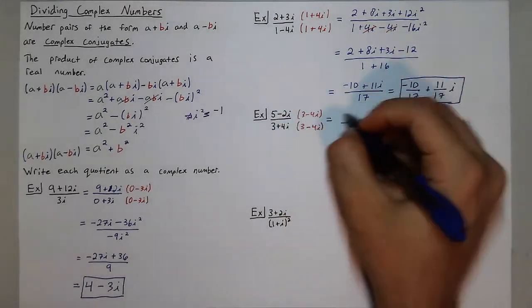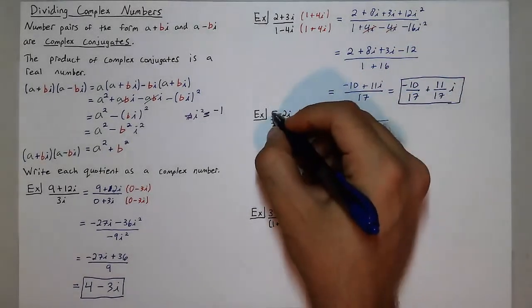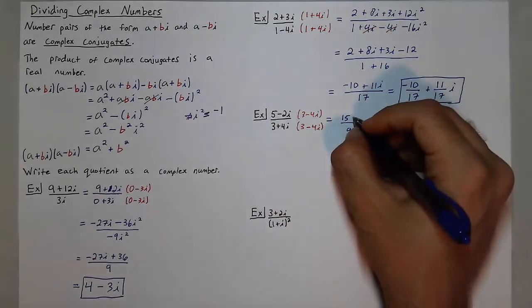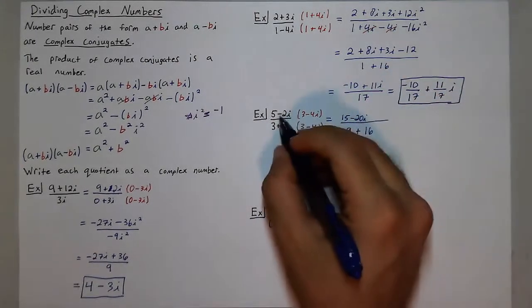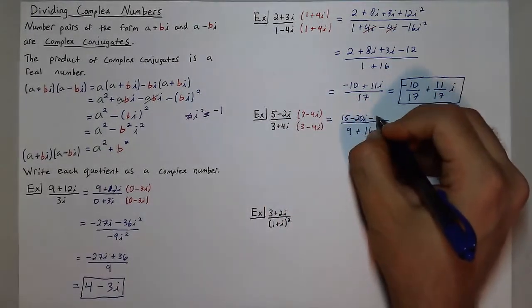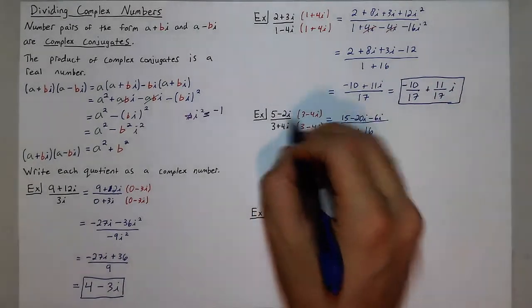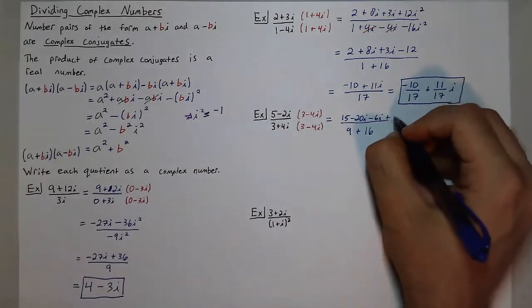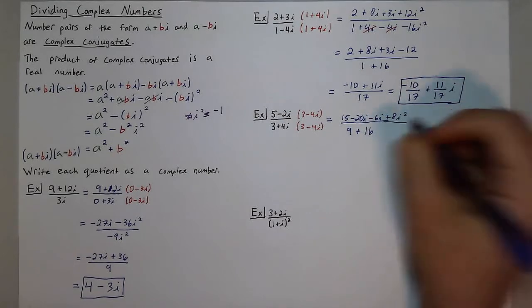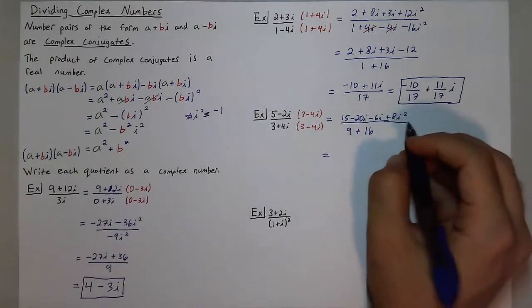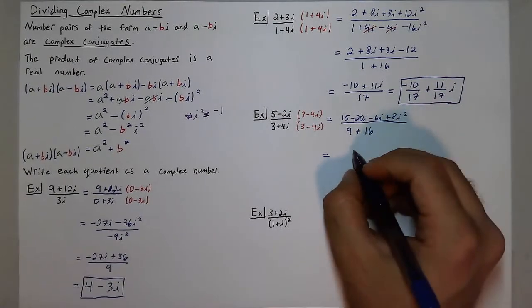So 5 times 3 is 15. 5 times negative 4i is negative 20i. Negative 2i times 3 is negative 6i. Then negative 2i times negative 4i is plus 8i squared. Change my i squareds to negative 1 and combine like terms.